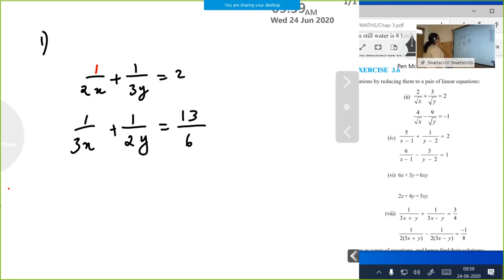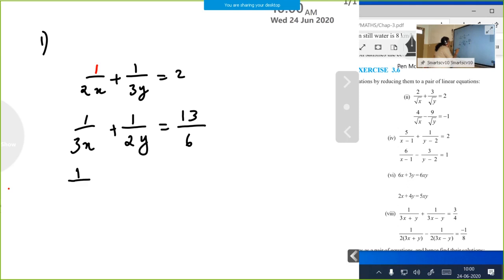1 by 2x plus 1 by 3y is equal to 2 and 1 by 3x plus 1 by 2y is equal to 13 by 6. Then substitute: 1 by 2 into 1 by x plus 1 by 3 into 1 by y is equal to 2, and 1 by 3 into 1 by x plus 1 by 2 into 1 by y is equal to 13 by 6.